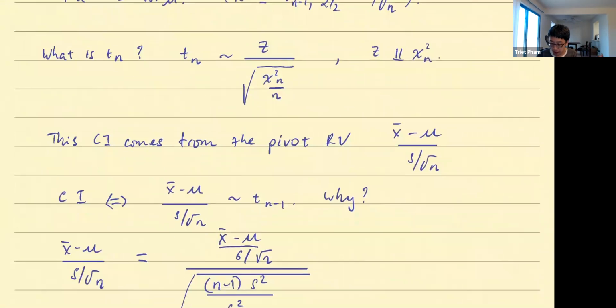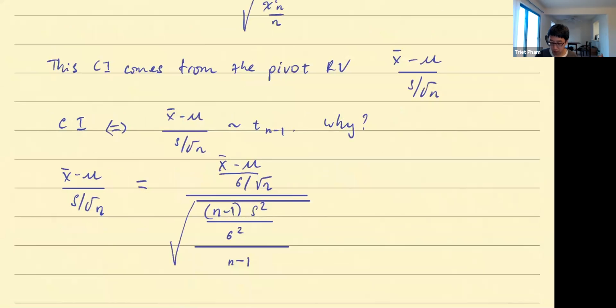And you will see later on that a lot of pivot random variables or test statistics operate this way. They are structured so that the ratio involves the unknown parameter implicitly, but because of the ratio, the unknown parameter gets canceled, so that we can deduce a distribution that is independent of the unknown parameter.